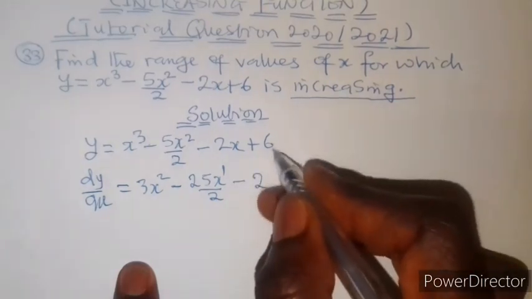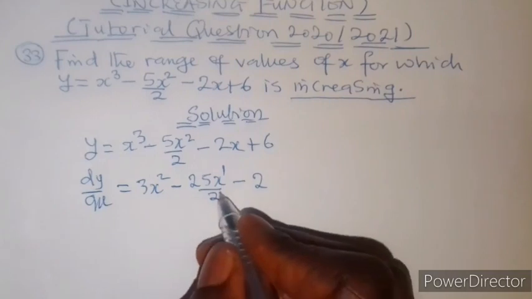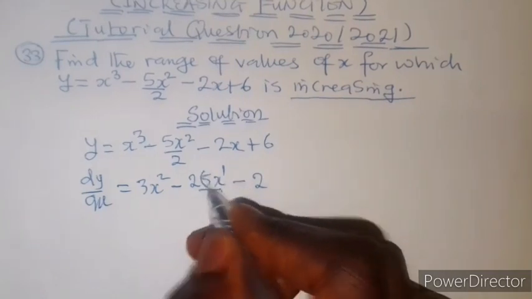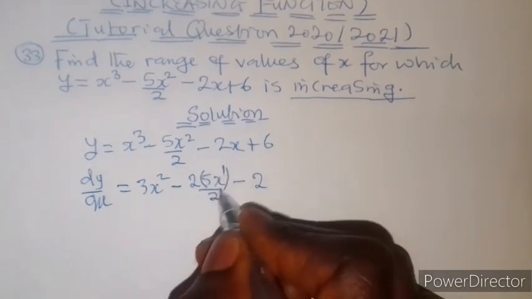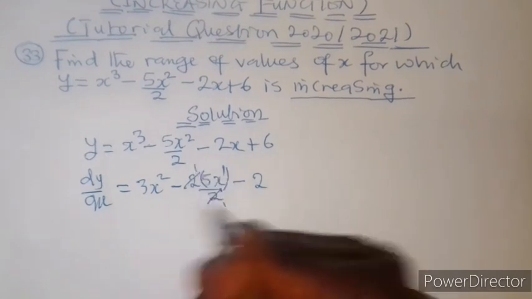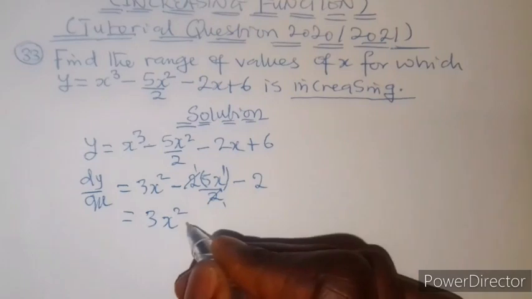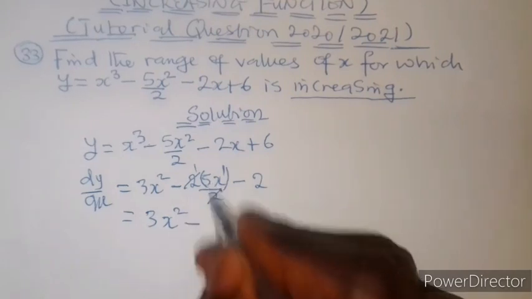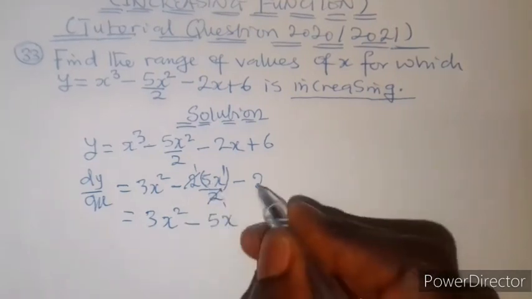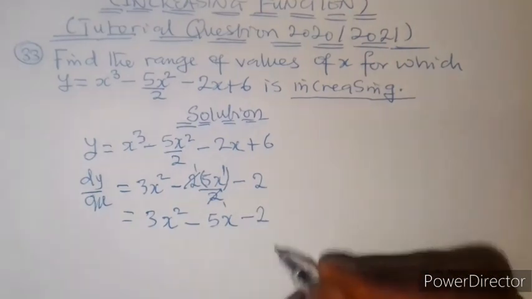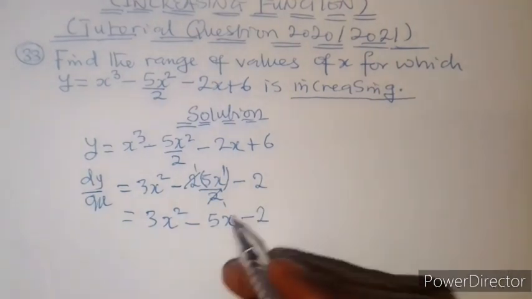Then if you differentiate this, it's going to give us 0. So you can see that this 2, we cancel to give us, finally, 3x squared minus 5x minus 2.